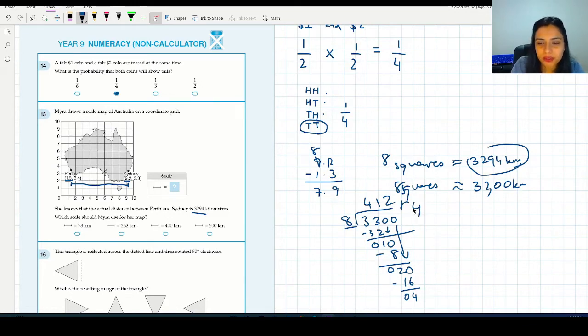So even if we leave it here, out of the options that we have presented here, 400 kilometers is the closest to 412, so we can just select that. So if each edge is 400 kilometers roughly, then this 8 squares will represent closest to 3,294 kilometers out of the options given here.